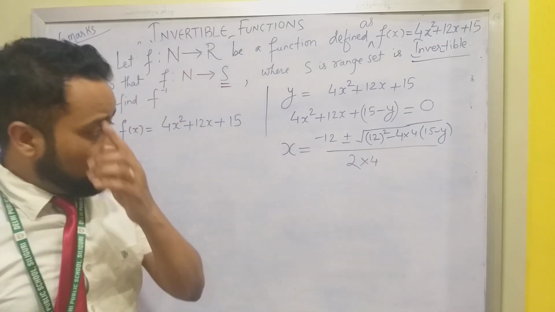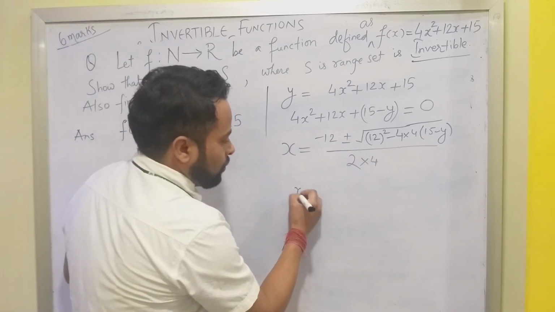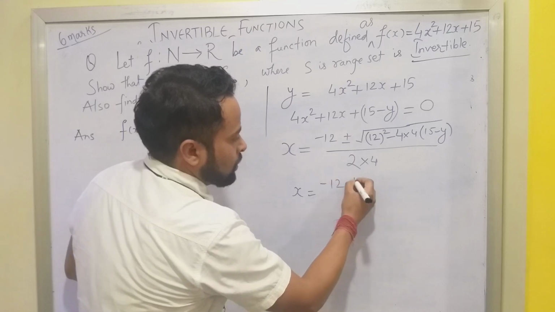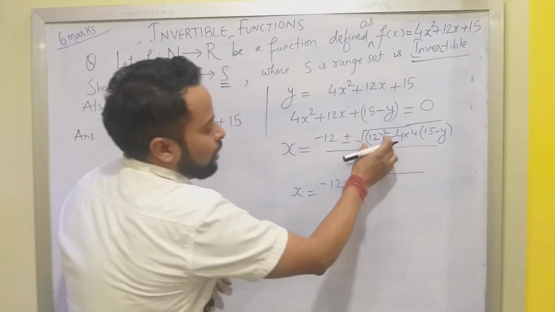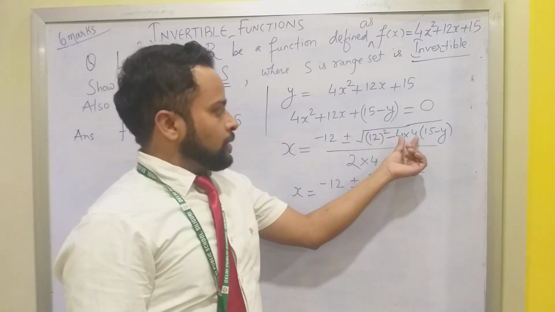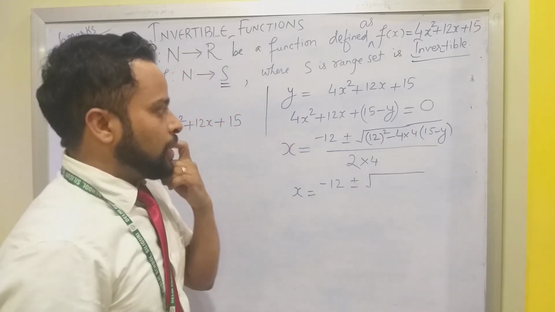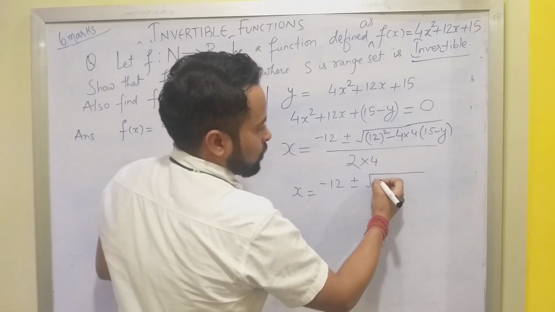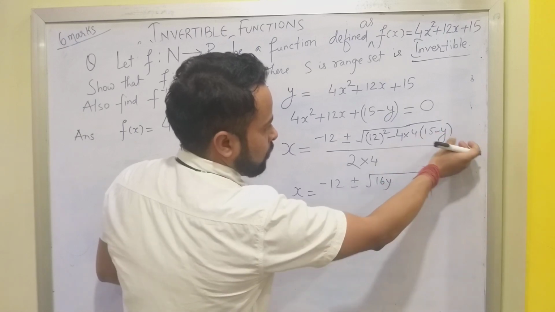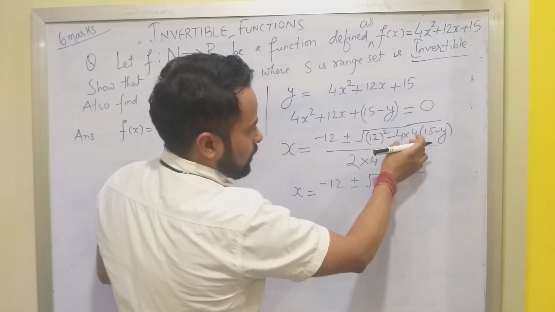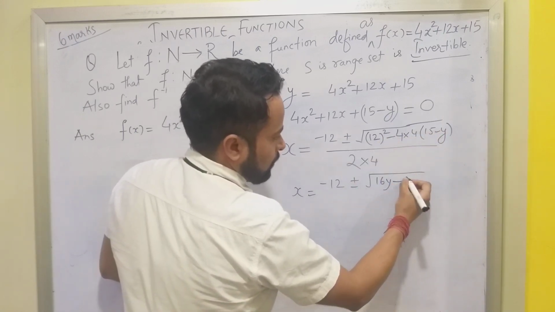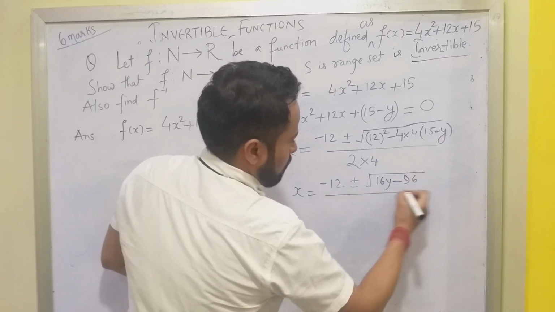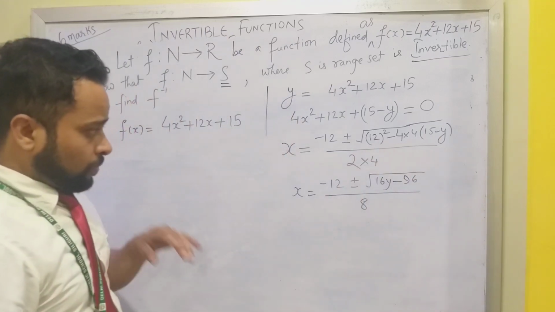Right? 2 4s are 8. Okay. x equals minus 12 plus minus root over 144 minus 16 into 15, that is 240, and plus 16y. So I can write 16y because it is positive, 240 is negative and this is 144, I think minus 96, by 8.